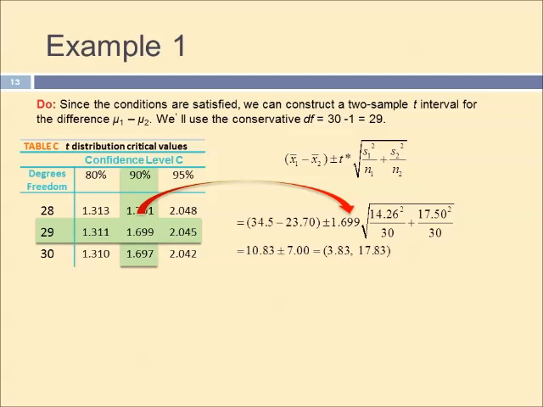So our critical t-value is 1.699. So we plug in the values, the two sample means, plus and minus the critical value times the standard error. And in this case, we get the margin of error is 7, and the difference between the sample means is 10.83, and we get a confidence interval 3.83 to 17.83.